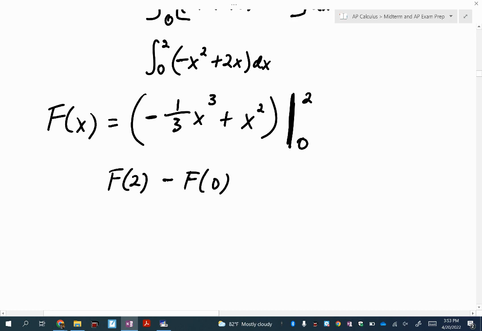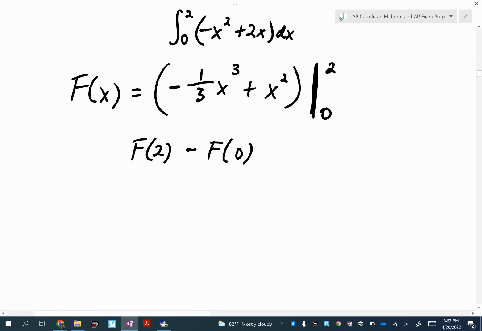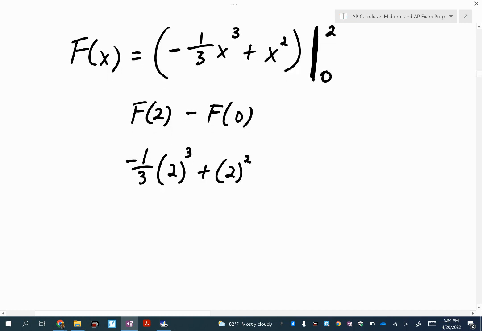Why am I so happy right now? Because of 0, right? When I plug in 0, it's just going to be 0. So I really just need to focus on plugging in 2. I know some of you are thinking, I wish I had a calculator right now. Me too. 2 cubed.